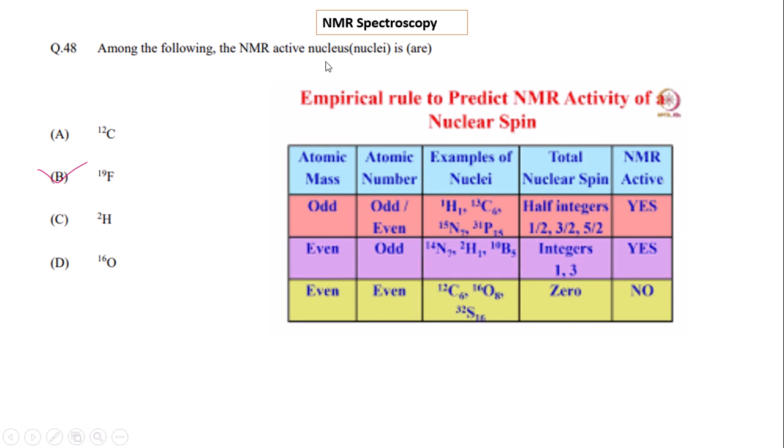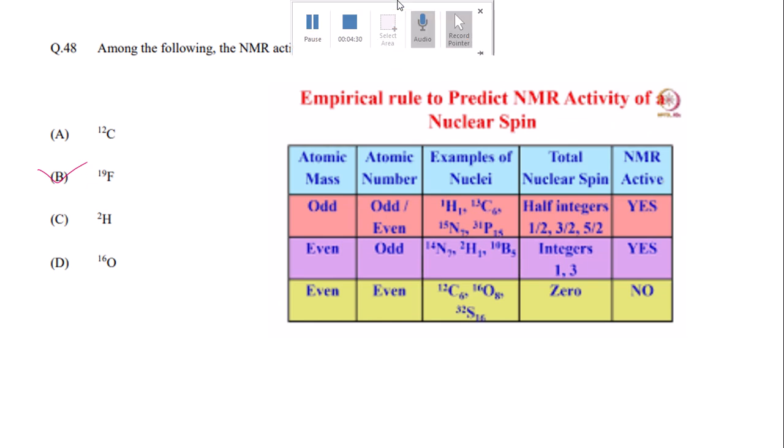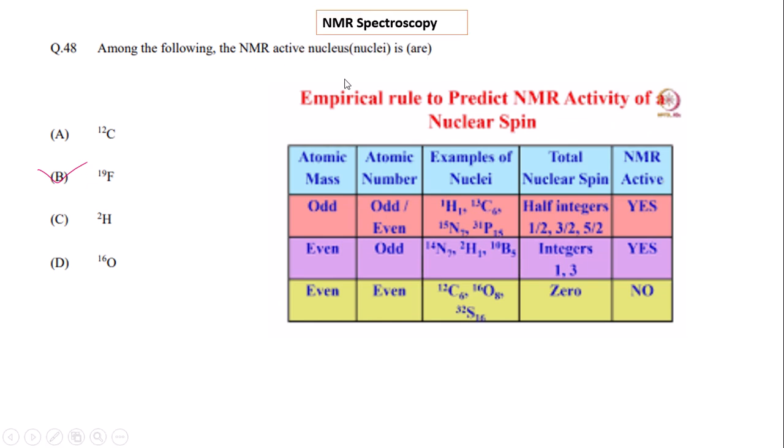Now this is the problem for NMR spectroscopy, where the active nuclei are concerned. A nucleus with even numbers has I equal to 0, so it does not give any spin state.